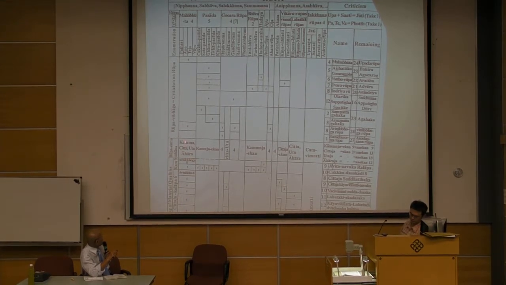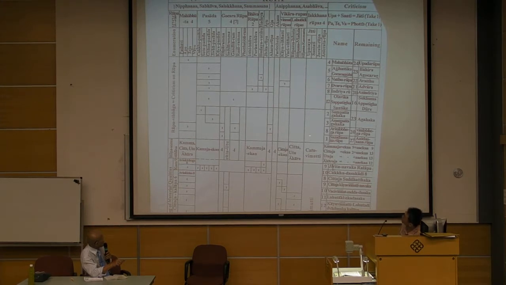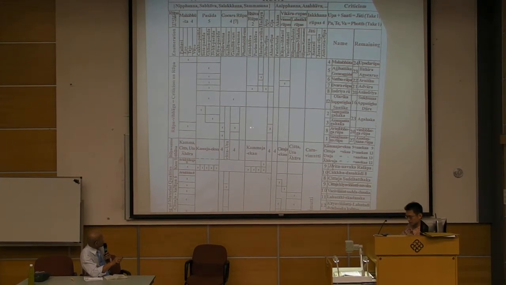When these four materials are produced, they are also produced simultaneously. So remember we say these eight materialities are indivisible. Avinibbhoga means indivisible. They always arise together, remain together, and cannot be divided.